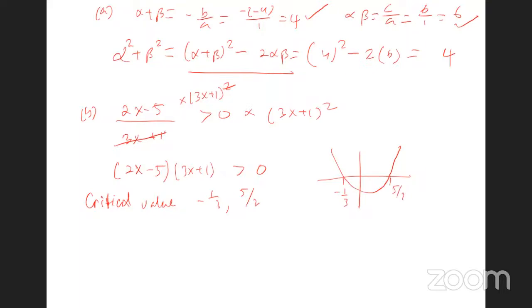Where do you shade? Your inequality is more than, so you shade in here. Now you could write x is less than negative 1/3 together with x is more than 5/2. You have to do the little sketch. Jamie, on the left, the little negative sign.